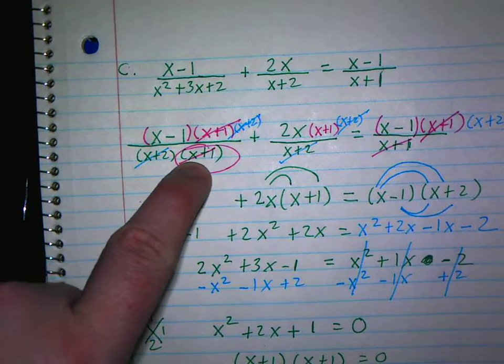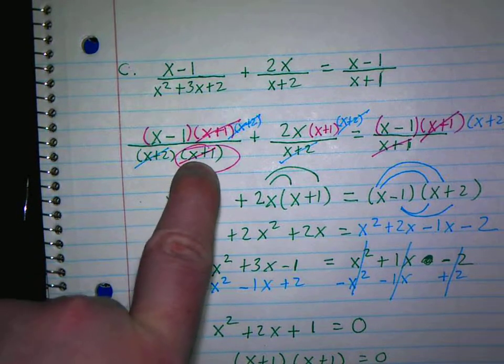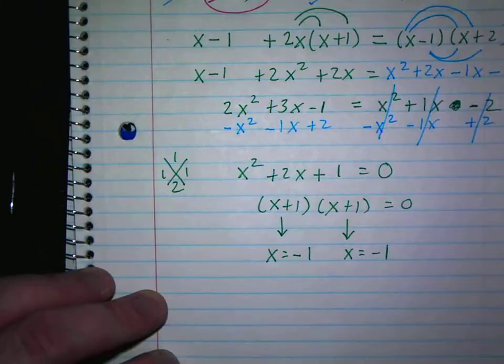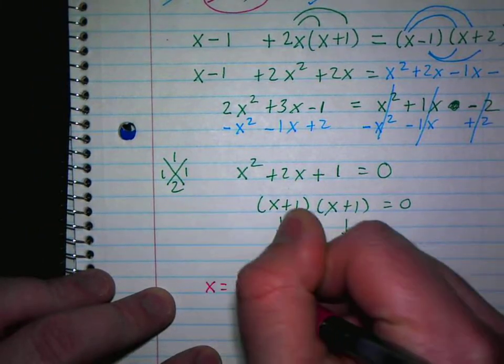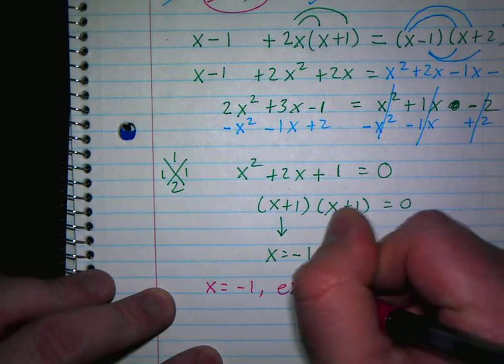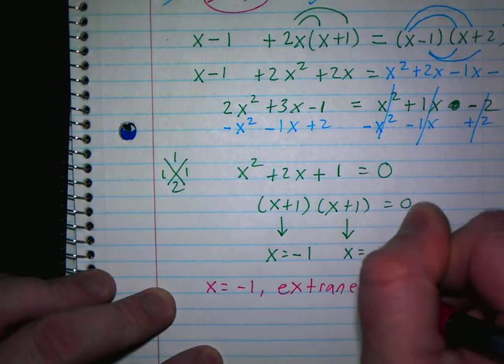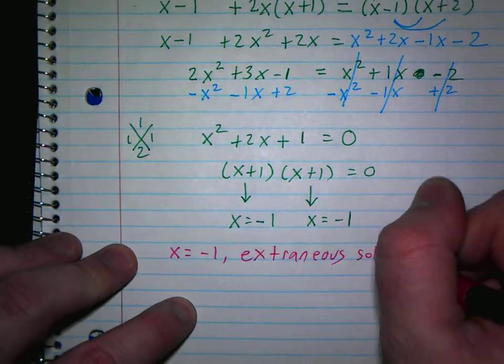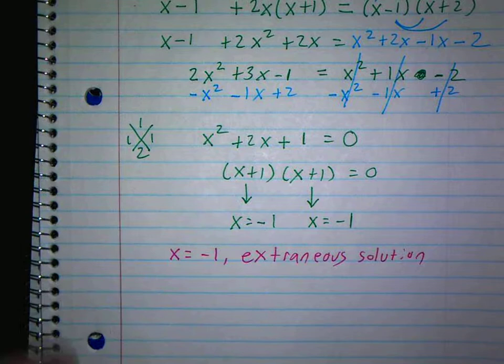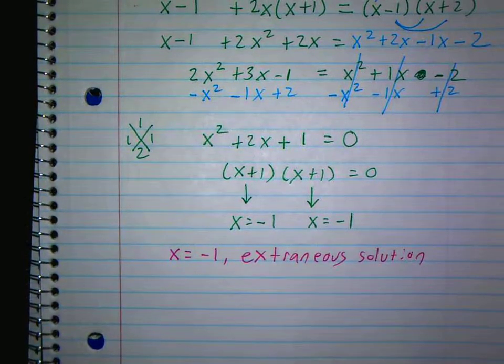So it can't be negative 1 because then you would be dividing by 0. And so in this case, without even plugging it in, I would say x equals negative 1 is extraneous. So it's an extra solution, okay? It's not really a solution. So technically there is no solution to this.